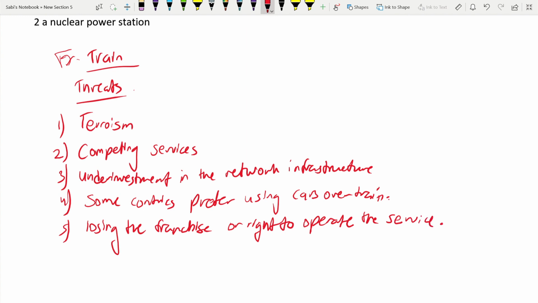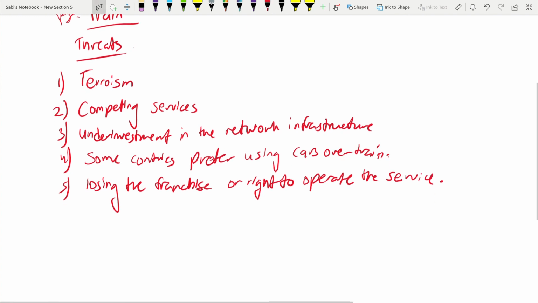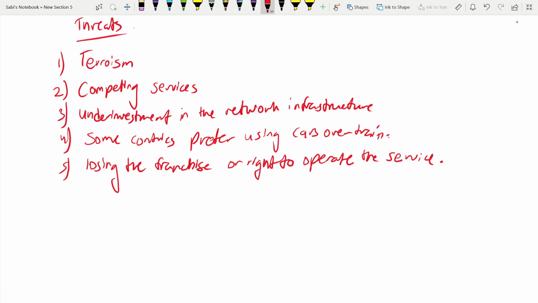Now let us go to the opportunities. Opportunities are plenty. In this industry, what could be some opportunities? Environmental concerns and regulations. What does it mean? They might go by train because they don't want to pollute by using cars or other alternative modes of transport.